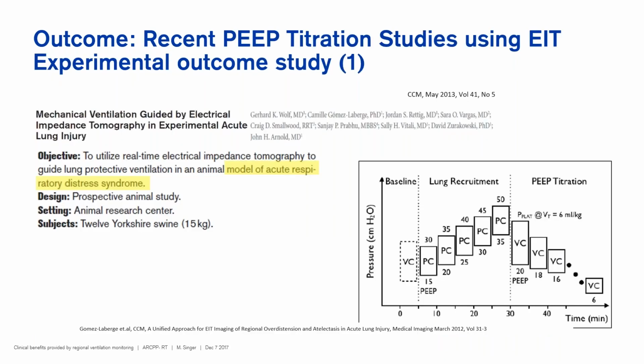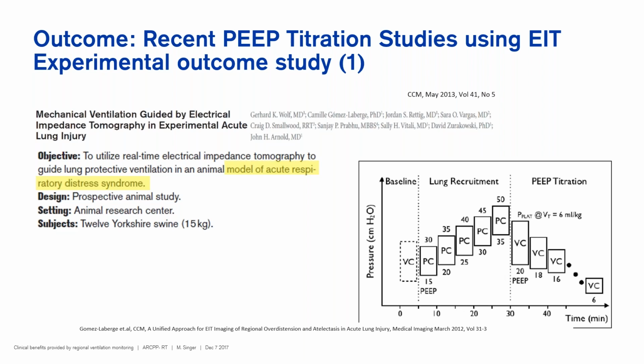And it's not just one example. There are multiple cases, there are multiple publications available talking about the different aspects of using EIT. So in this study by Wolf and the group of Wolf, they looked at PEEP titration using EIT.